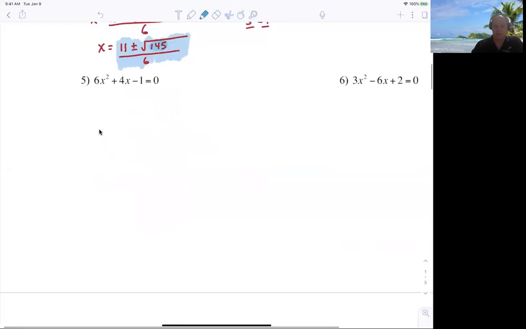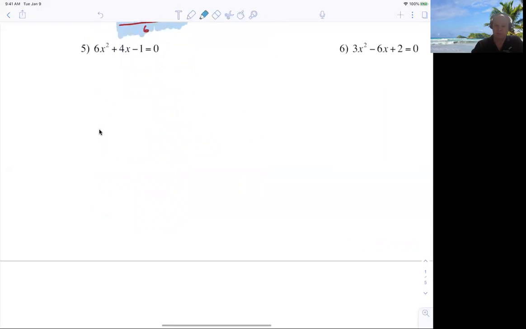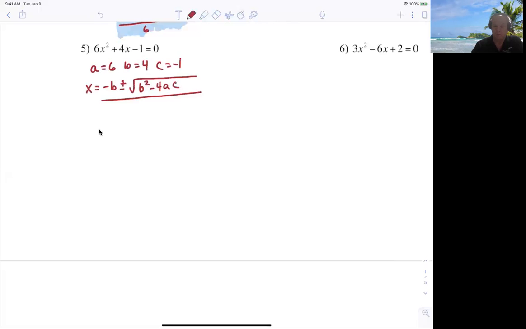Okay, now let's look at number 5. Again, a equals 6, b equals 4, c equals negative 1. I encourage you always to write out the equation to help yourself learn it. x equals negative b plus or minus the square root of b squared minus 4ac, all over 2a.